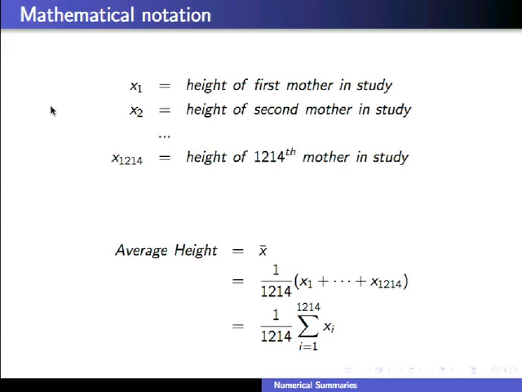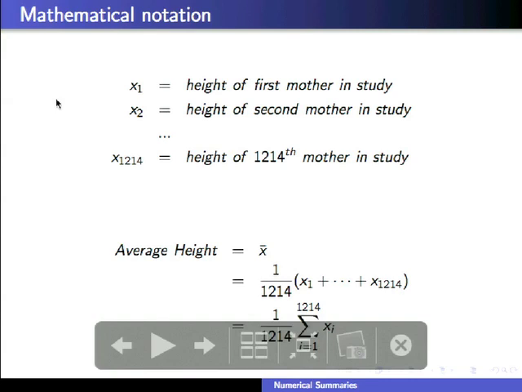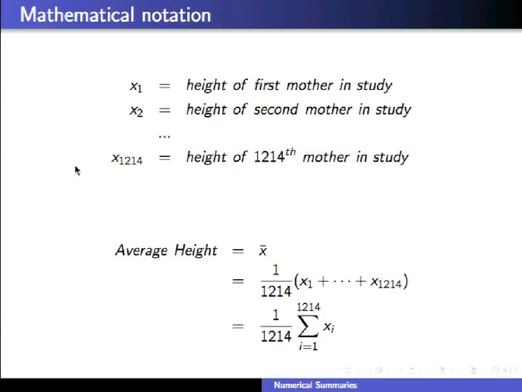Down here is a summation notation. The big sigma stands for summation, and we sum from i equals 1, that's the starting point, to 1,214, and we're summing x sub i.